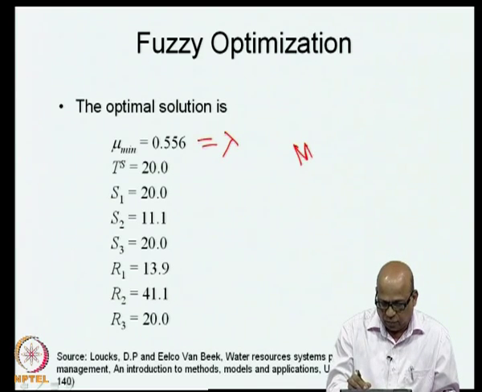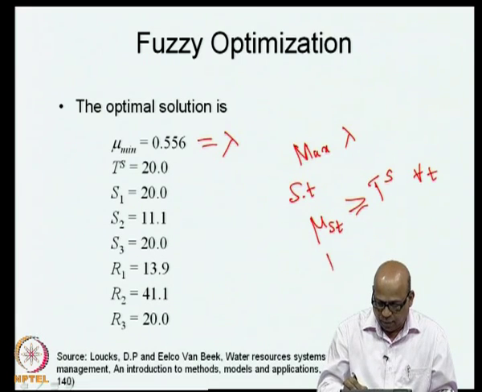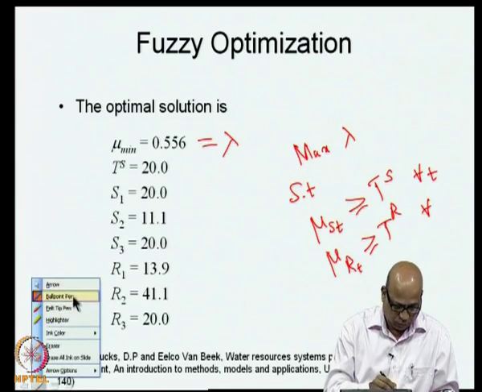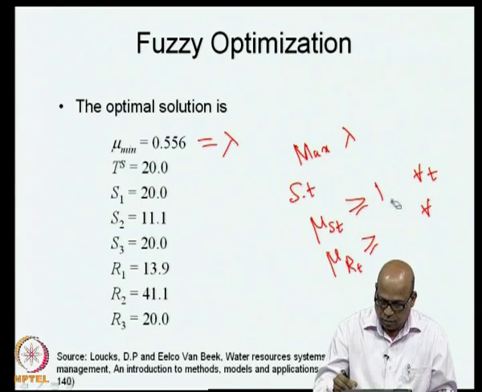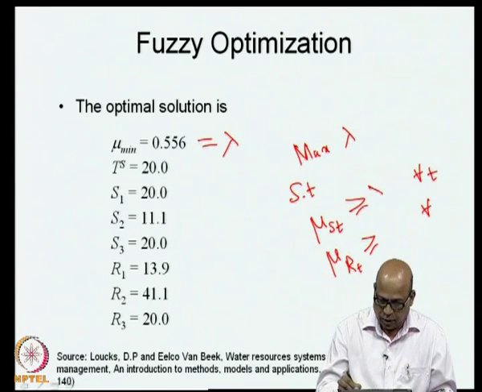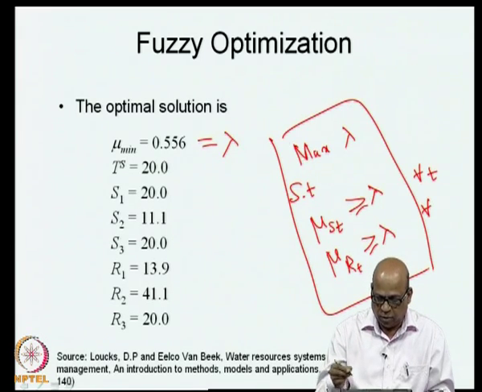So, what we are saying is we are maximizing lambda subject to mu s t greater than or equal to lambda for all t and mu r t greater than or equal to lambda for all t. Now, that is the solution that we are talking about.